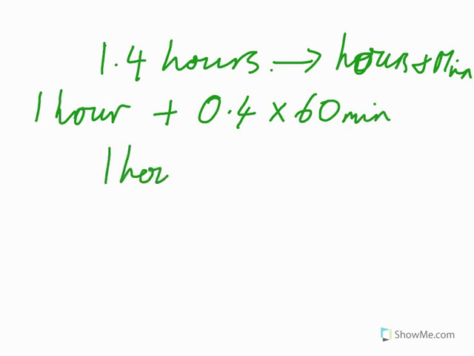So it's 1 hour and 24 minutes for our answer to that. Okay, why do we need to do that? Well, it's the normal way we talk about hours. We don't talk about 1.4 hours. We might talk about 1.5 hours, but not 1.4. We'll be talking 1 hour and 24 minutes.